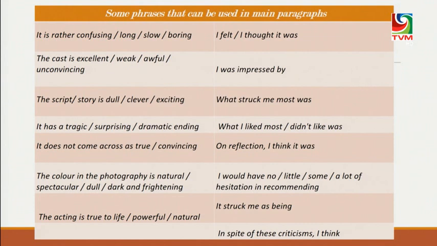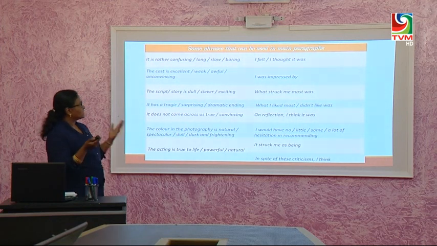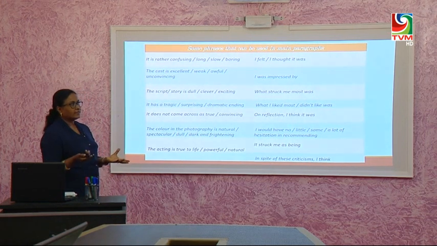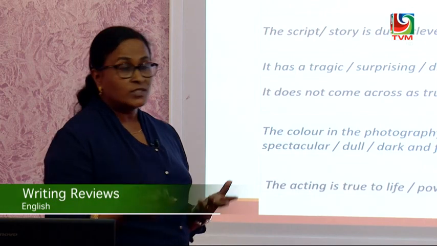You can say whether it was boring or whether the cast was excellent, whether it was weak, whether it was awful, and the script or the story is dull, clever, exciting. You can use all the adjectives that you are familiar with to express yourself, or whether you felt that the movie was excellent, and whether you were impressed by the way the actor acted, or the costumes, the light effect, the sound effect.